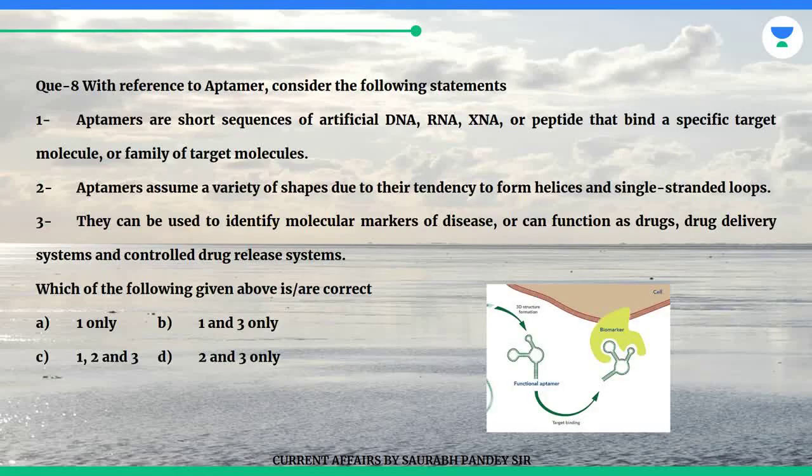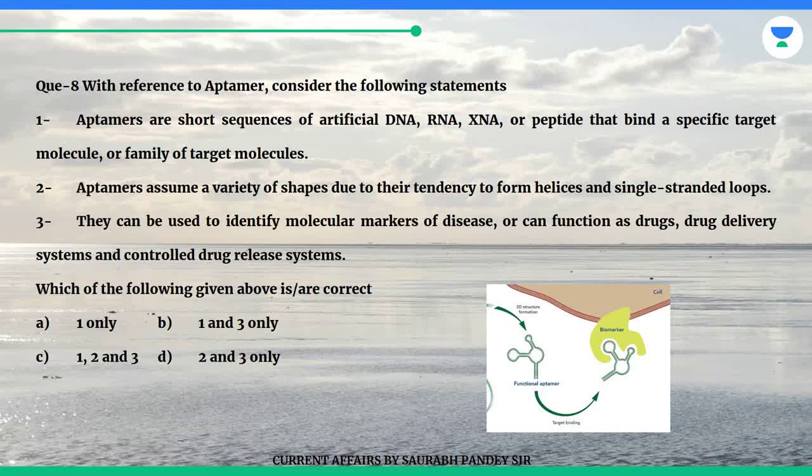Question 8. With reference to Aptamer, consider the following statements. 1. Aptamers are short sequences of artificial DNA, RNA, XNA, or peptide that bind a specific target molecule or family of target molecules. 2. Aptamers assume a variety of shapes due to their tendency to form helices and single-stranded loops. 3.